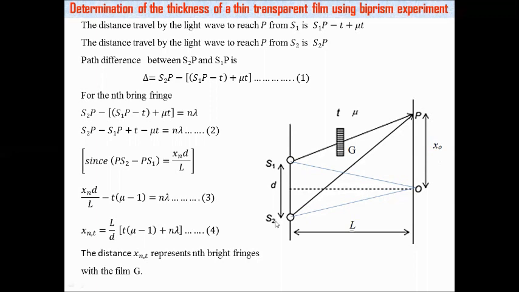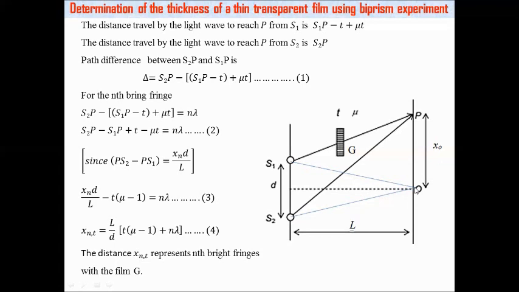Consider S1 and S2 are the virtual coherent monochromatic sources. The point O is equidistant from S1 and S2, where we obtain the central bright fringe.